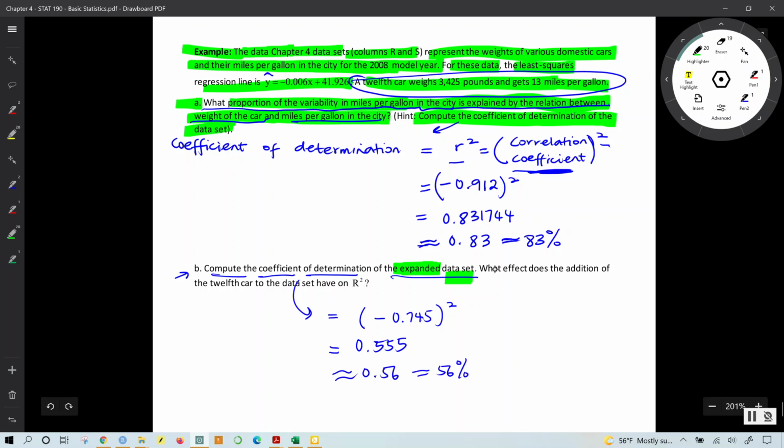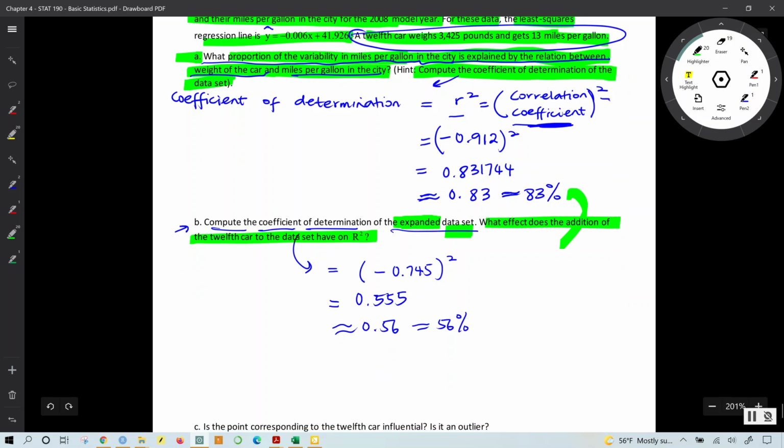Now we're ready to answer the last part here, which is, what effect does the addition of the 12th car to the data set have on R squared? We can see that there has been a significant drop. So we can say that it decreases R squared.